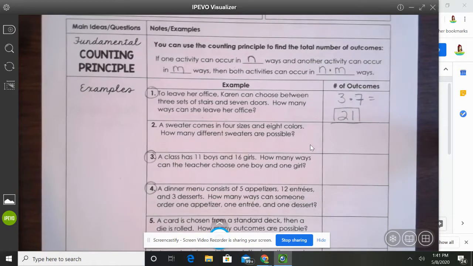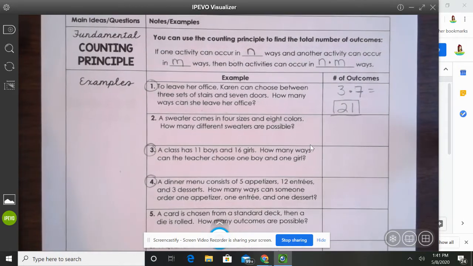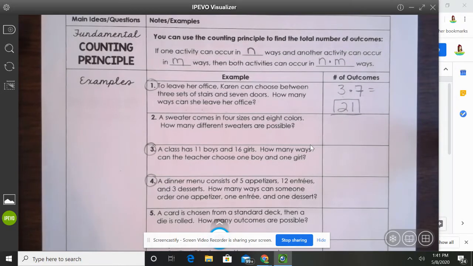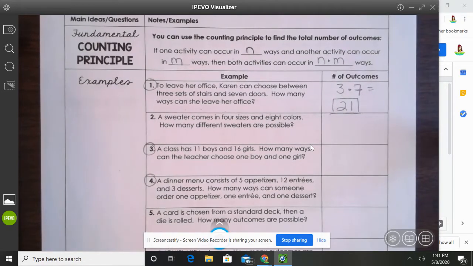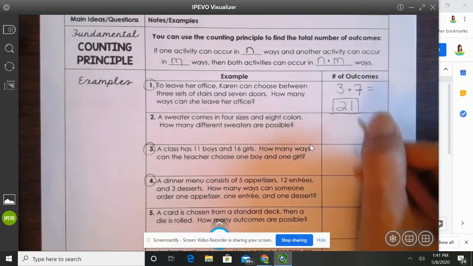All right, so I'm going to do number 3. There are a few examples that change a little bit, depending on how many situations you have, so you have to really read what you have. It says a class has 11 boys and 16 girls. How many ways can the teacher choose one boy and one girl? Super simple.